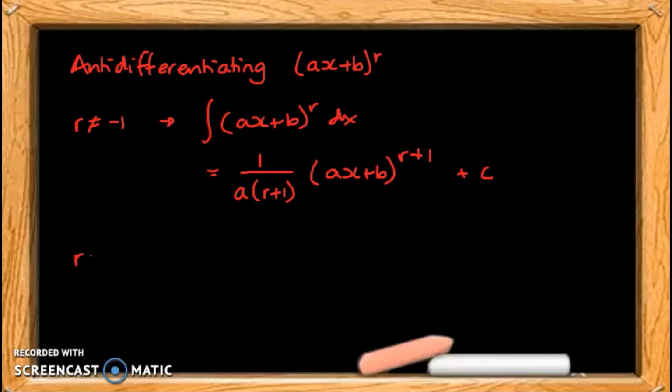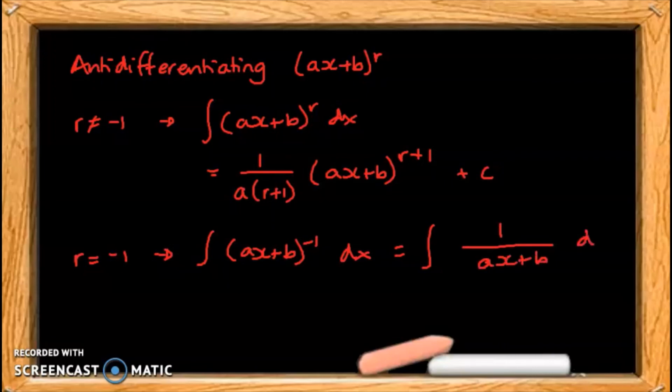When r does equal -1, then this expression is actually a fraction that looks like ax plus b to the -1 dx, which equals 1 over ax plus b dx.